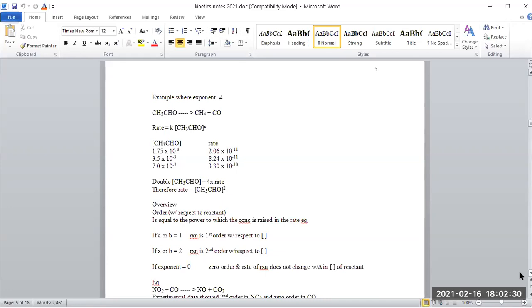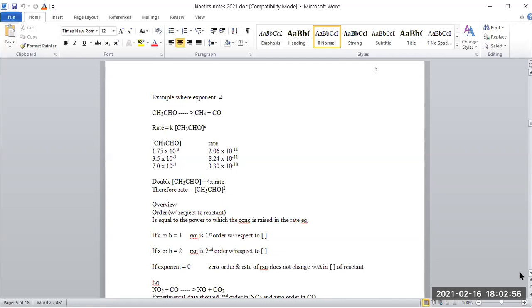Okay, think about this from an exponent's point of view. 2 to the, and we talked about this a little bit last week, 2 to the 0 power is 1. 2 to the first power is 2, meaning everything doubled. 2 to the second power is 4.